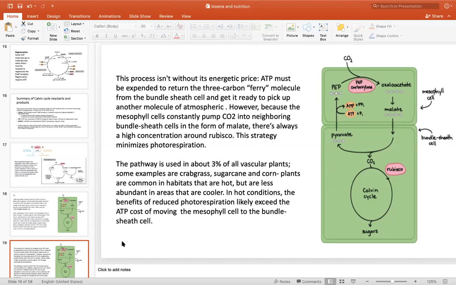Okay, this mechanism is present in about 3% of all vascular plants. Crabgrass, sugarcane, and corn plants are common in habitats that are hot but less abundant in areas that are cooler. In hot conditions, the benefits of reduced photorespiration likely exceed the cost of ATP, moving the mesophyll cell to the bundle sheath cell.